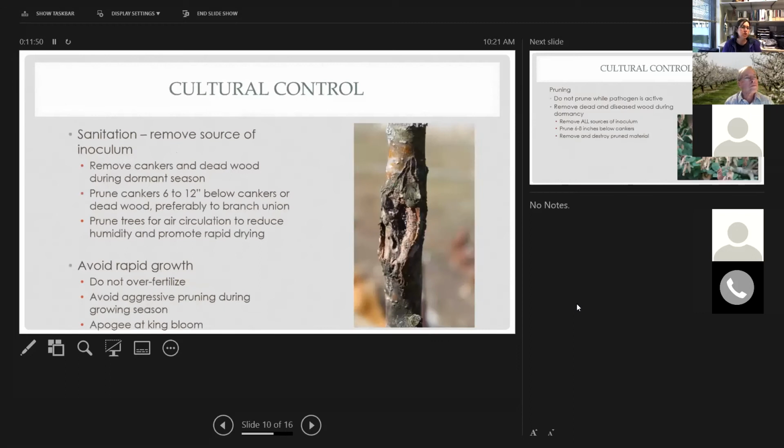All right, so number one, you know I love to talk about sanitation. Sanitation is critical to remove those sources of inoculum, getting them out of your orchard, particularly getting them out of your orchard in early spring. We're mostly past that point, everybody. Right now, we have active fire blight, so pruning should have happened already, but removing any source of canker or twig blight, they have to go.